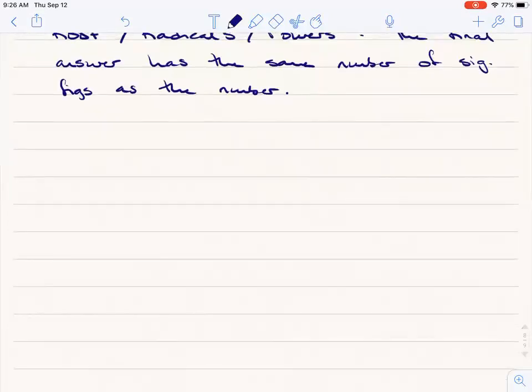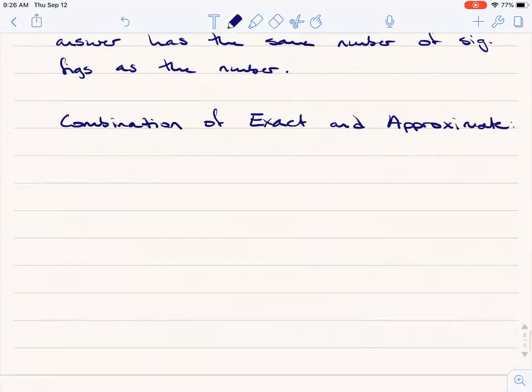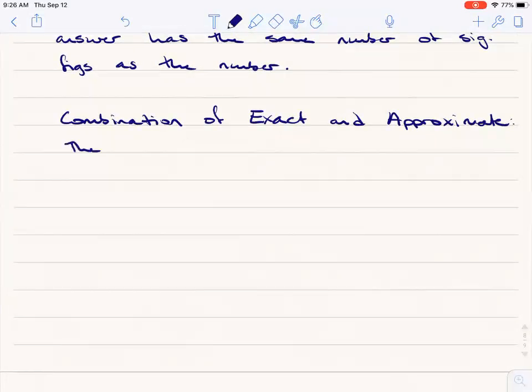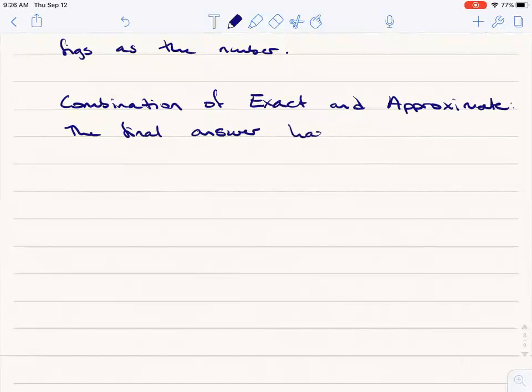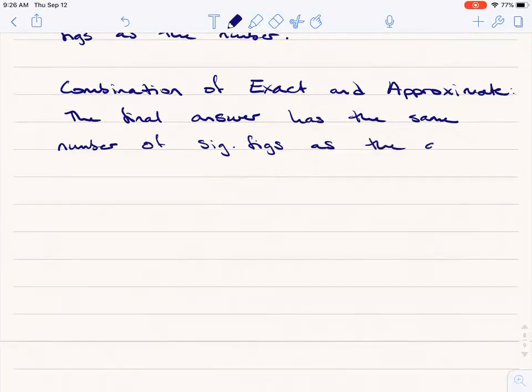So for the combination of exact and approximate, the final answer has the same number of sig figs as the approximate term with the fewest sig figs.